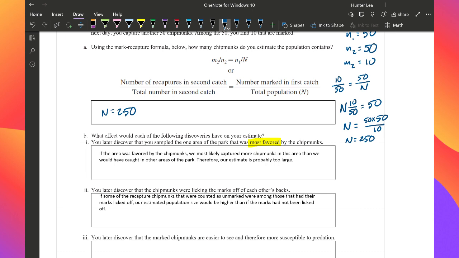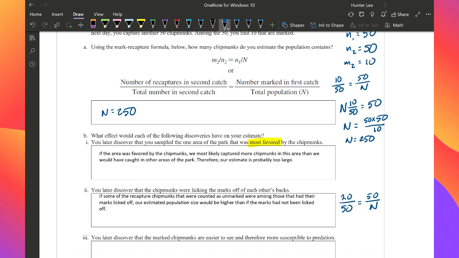So if the number of recaptures on the second catch, that M2 number, were actually 20 out of 50, 2/5 is much greater than 1/5, right? So this is if the marks hadn't been licked off and we actually got to count all of them.